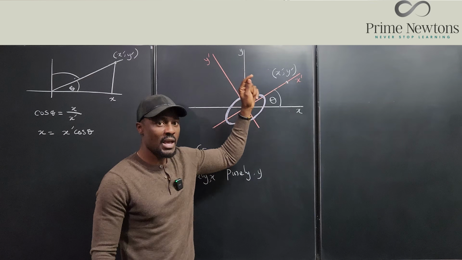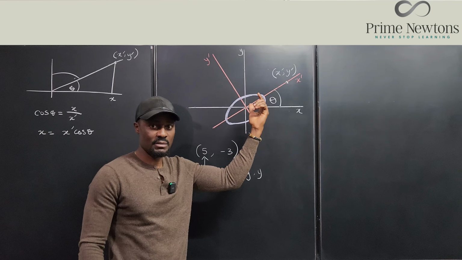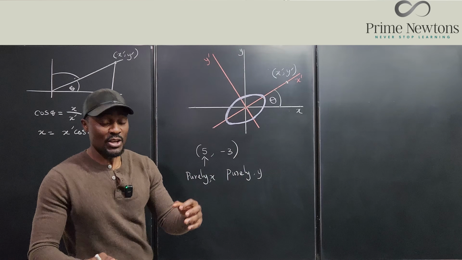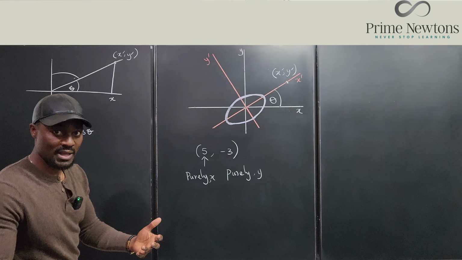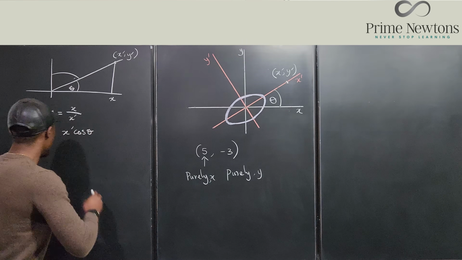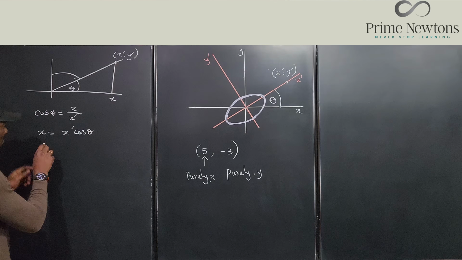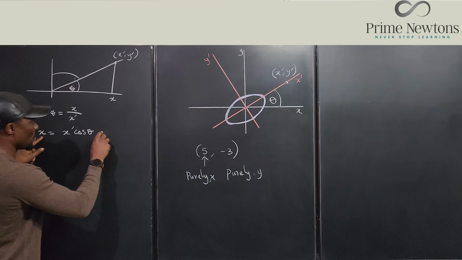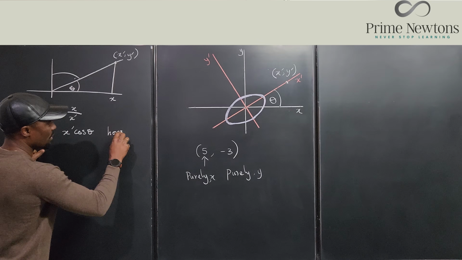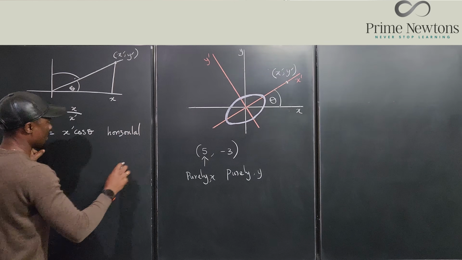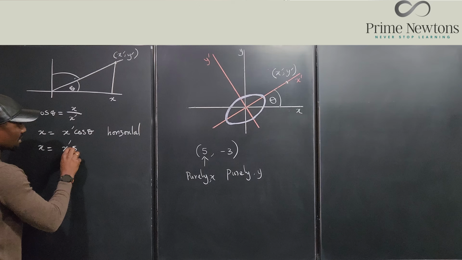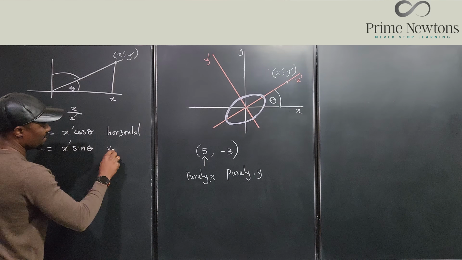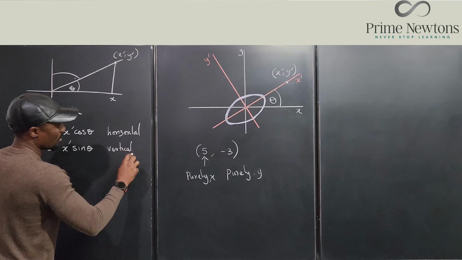It's going to be x prime sine theta. Remember, cosine 90 minus theta is the same thing as sine theta. That's basic trig, okay? So this is the horizontal portion, horizontal. And then you have x equals x prime sine theta is the vertical portion.